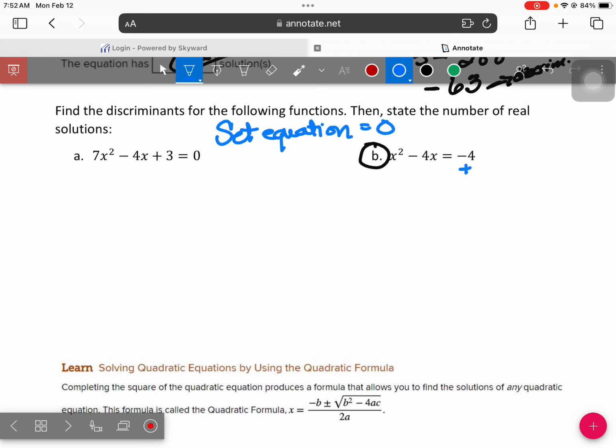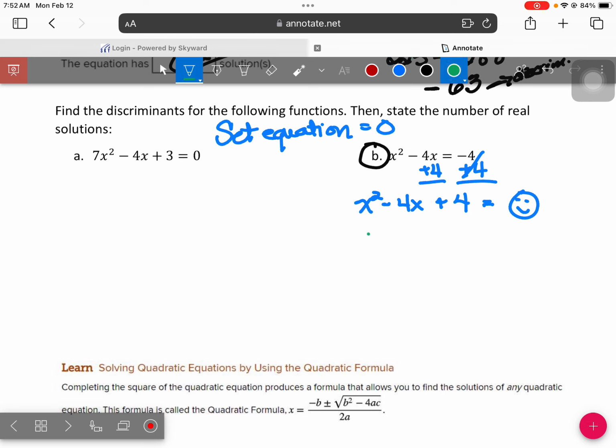All right, so I add 4. The 4s cancel out. That gives me that 0 I want. Maybe make a smiley face. That's a good thing. We need that 0 at the end. x squared minus 4x plus 4 equals 0.